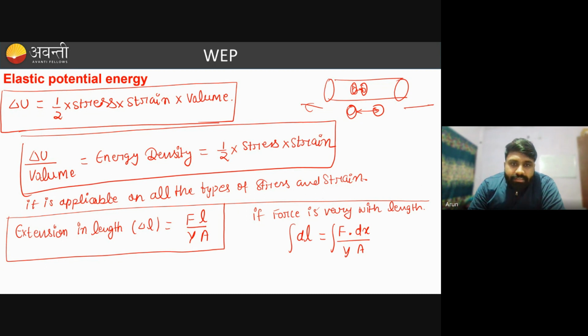Okay. Now, this formula you can also modify.